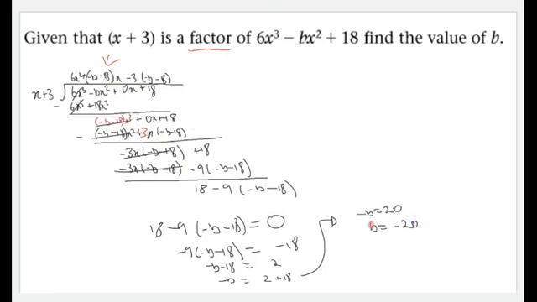And then at this stage, you could even go on to say what the quotient would be. We know it's going to be 6x squared. And then we know b is minus 20, so minus 20 minus 18 is minus 2, so plus 2x, and then we've got the minus b minus 18, so minus 20, which is 20, minus 18, which is 2, minus 3 times 2 is minus 6. And yeah, it gives you that.